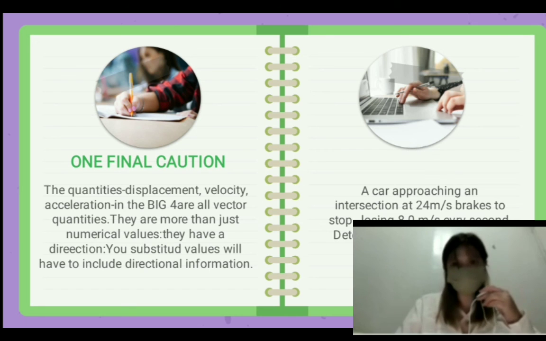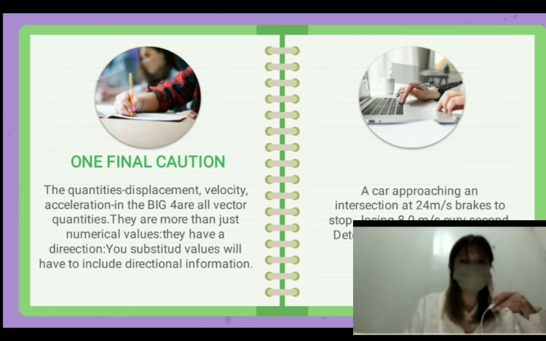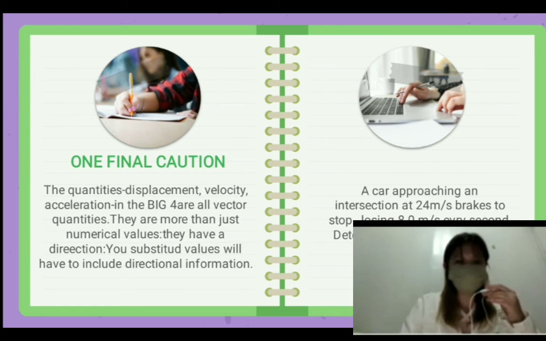They have a magnitude or numerical value, but they also have a direction. Directions are often represented by plus and minus symbols when we're using math, so it's very important to include the directional information in the equations when you're solving for an unknown.